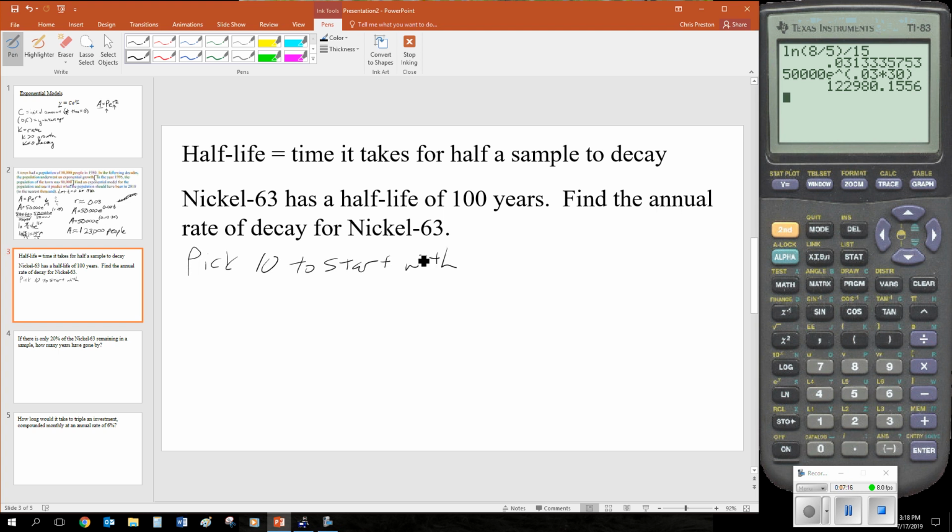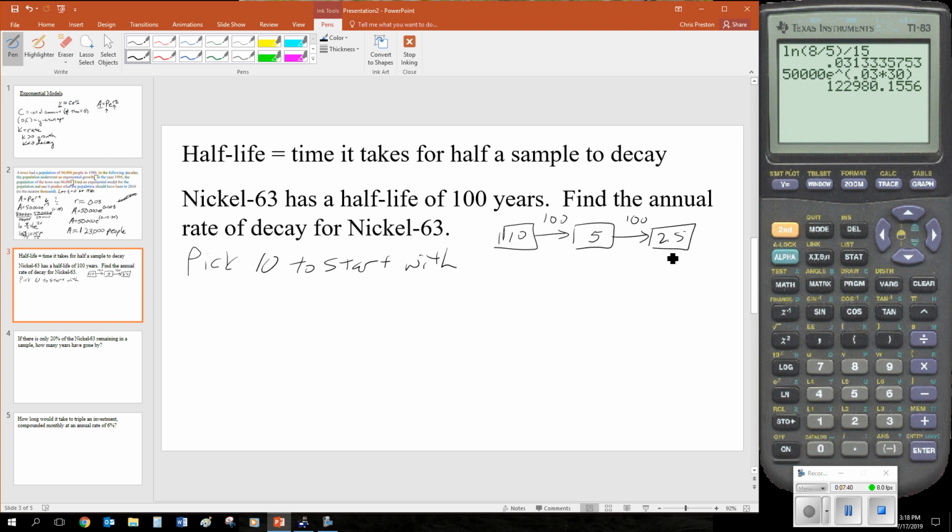Because however much you have, if I have 10, and 100 years go by, I'm going to be at 5. And then after another 100 years, I'm going to be at 2.5.